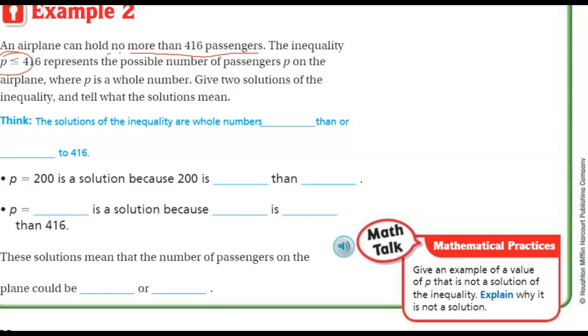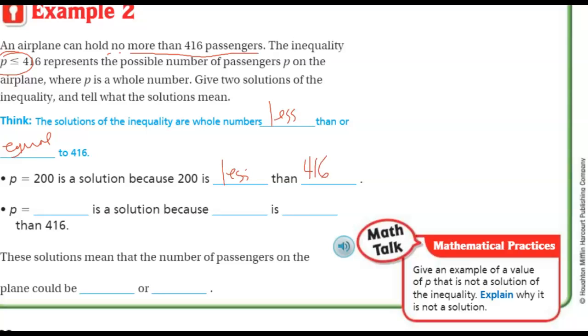So think, the solutions of the inequality, so p, are whole numbers less than or equal to 416. So p equals 200 is a solution because 200 is less than 416.